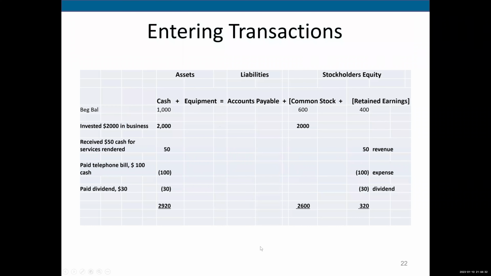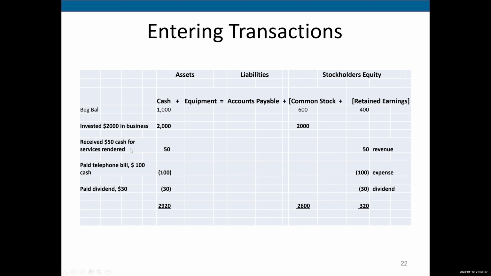Now, I want you to consider these four transactions to give you a little flavor about what we're going to be doing here. We've already done this one where the owner invested $2,000 in the business. Cash went up, and the owner has claims to that cash, so we put it under his common stock. Now, how about this one? Received $50 cash for services rendered.